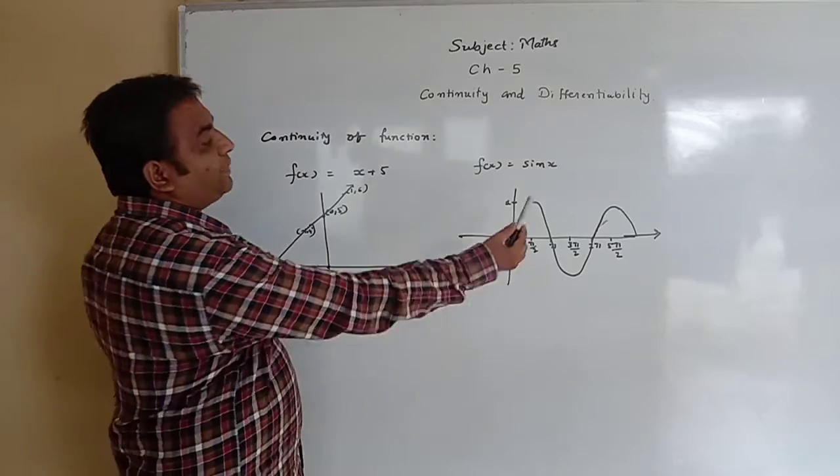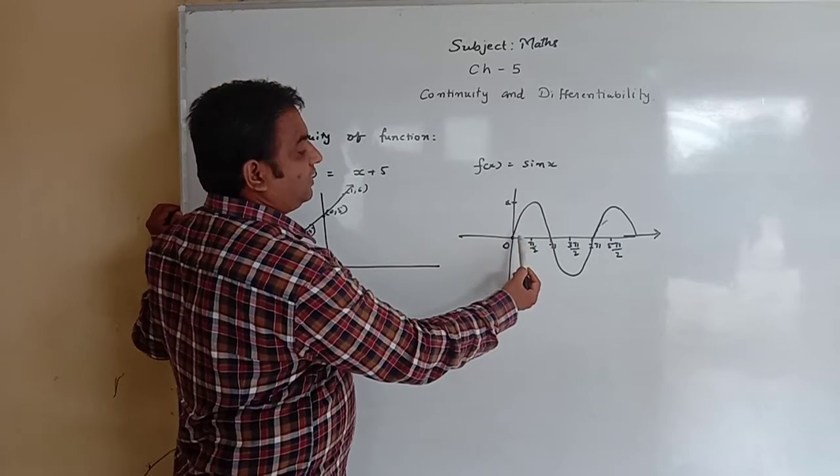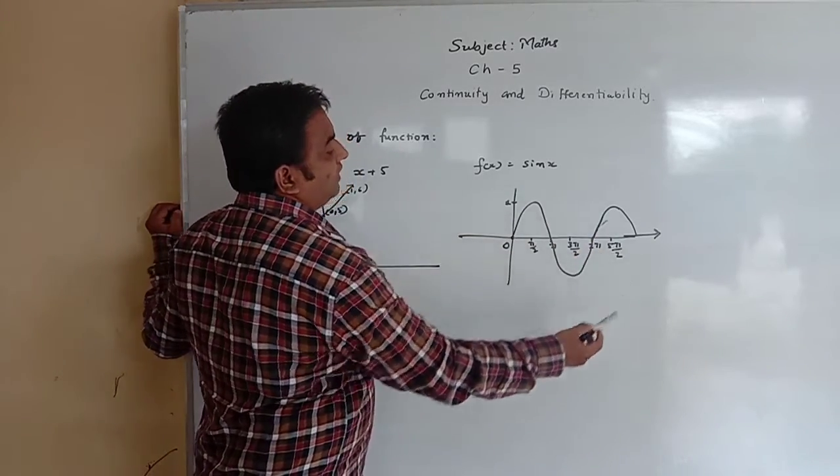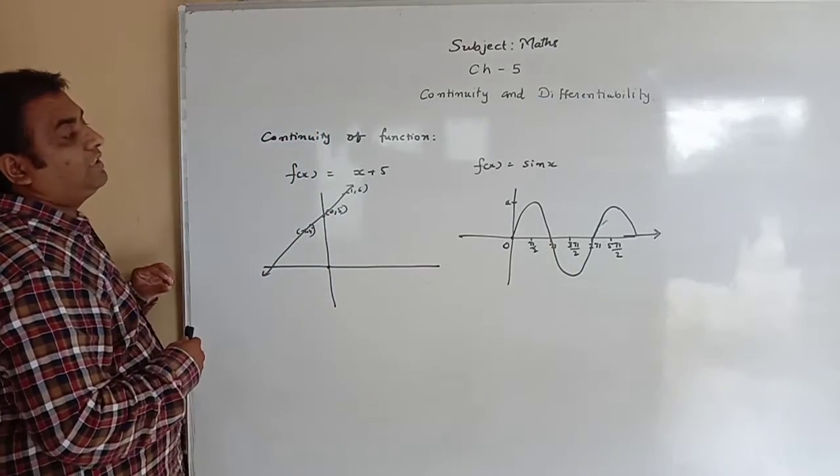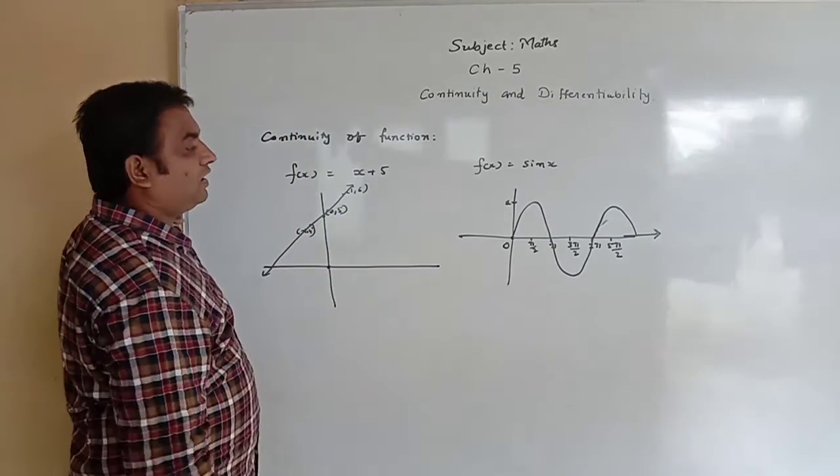We have seen this graph of sine and cosec. In that we do not require lifting the pen, and so such functions are called continuous functions.